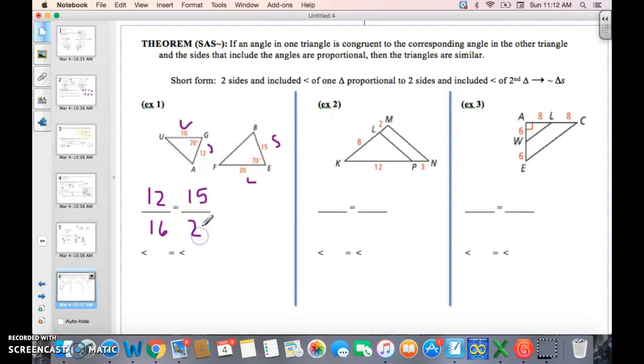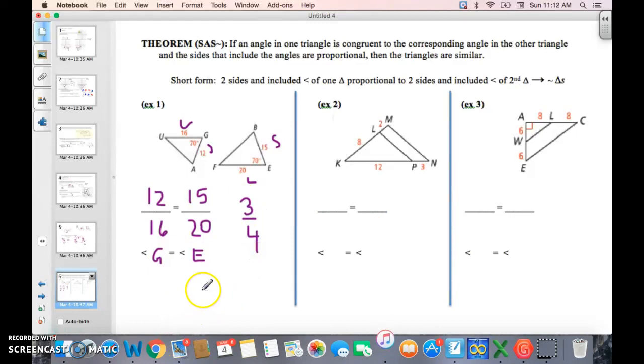And then my angles that I have congruent to each other are angle G and angle E. So let's see. 12 over 16 equals 15 over 20. Well, both of these simplify to 3 over 4. So yes, this checks out, and I can do side, angle, side.